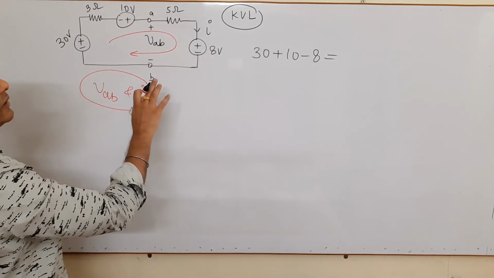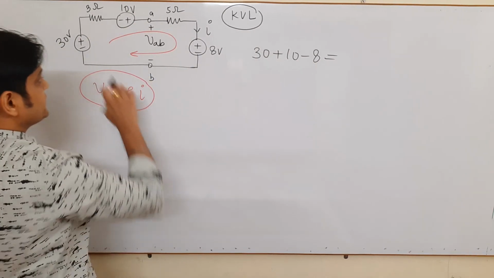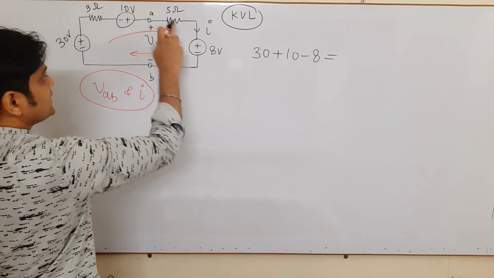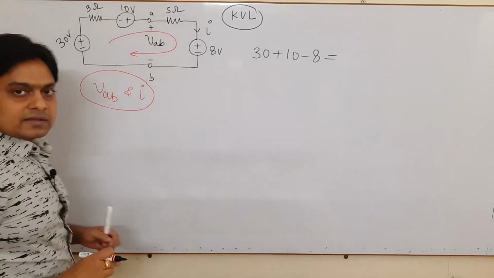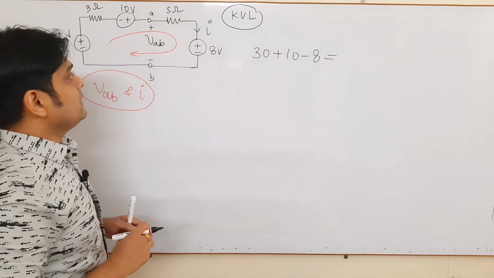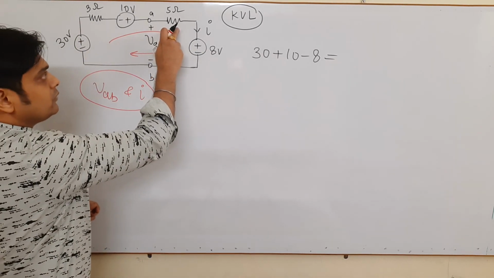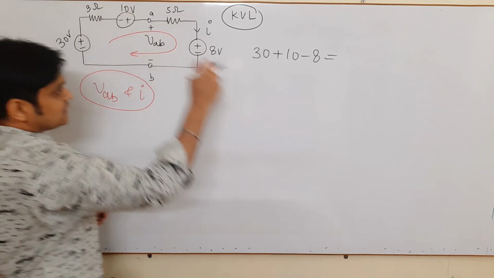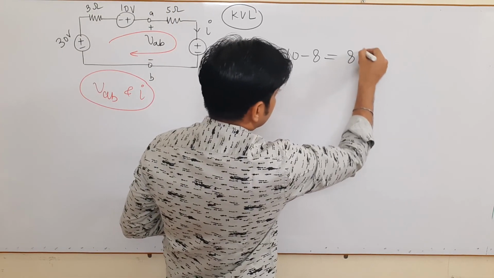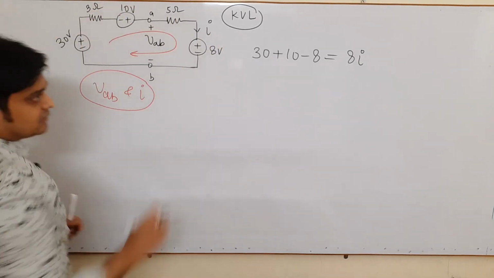Now is there any other voltage source? No, so that should be equal to the voltage across the resistances. This is the resistance 3, this is the resistance 5. Since the same current is flowing in the resistances, the resistances are in series, as I mentioned in my previous video. So 3 and 5 in series, since current is common, it is 8 into the current I, because this I is flowing in this entire branch.